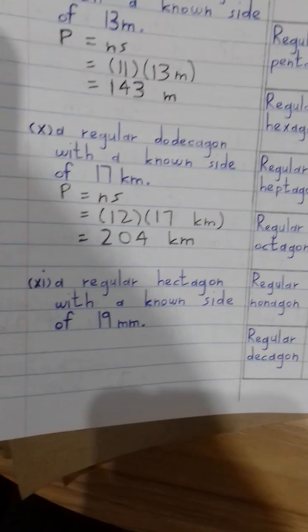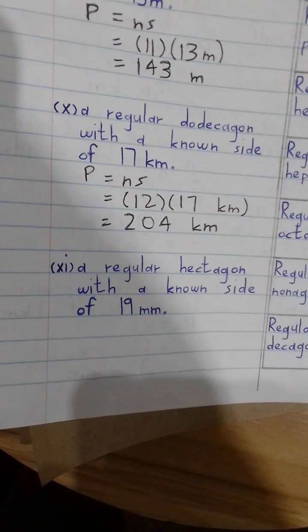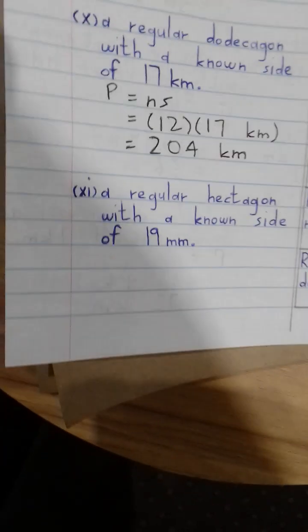Roman numeral number 11. A regular hectogon with a known side of 19 millimeters. Hecto, number of sides is 100.